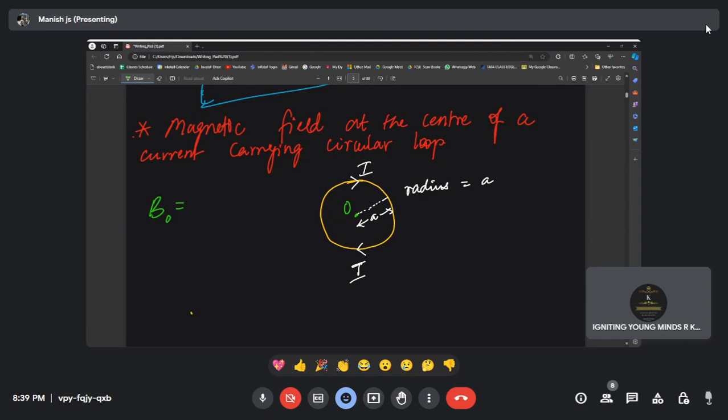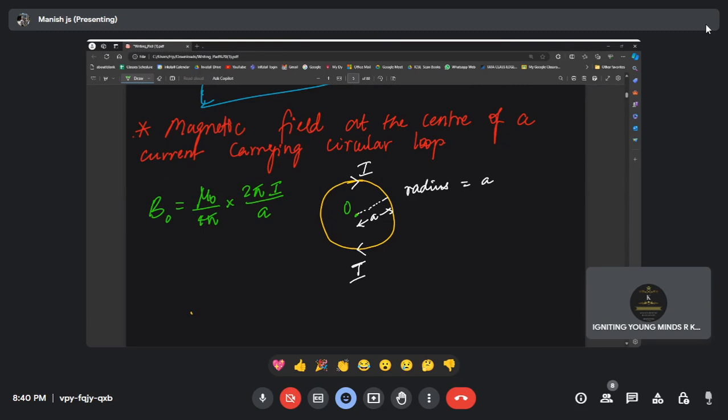So we try to apply that here, and when you simplify it, you will get the relation as mu naught by 4 pi times 2 pi I upon A. So we get a relation. When you take a small region and then you try to integrate, and then you apply the limits and simplify, this is the relation you get.